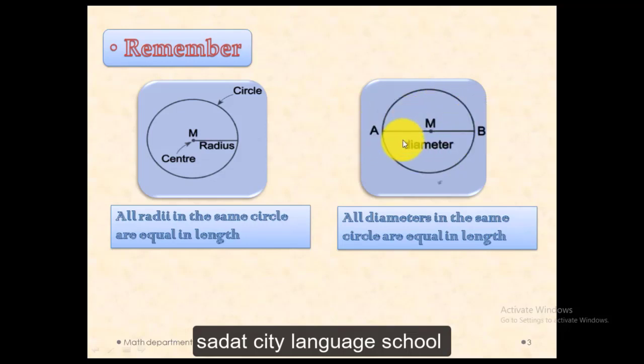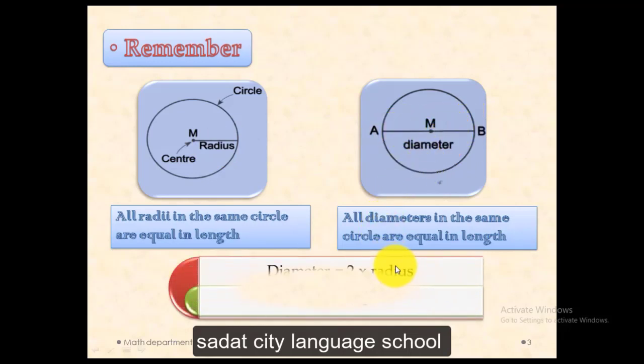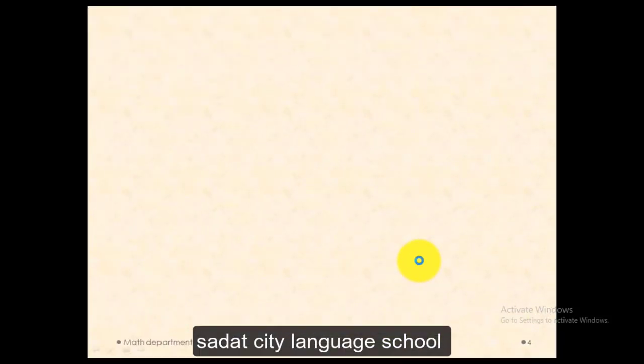So AB equals how many radii? AB equals 2 radii. So the relation between diameter and radius: diameter equals 2 radius. Or we can say radius equals half diameter.